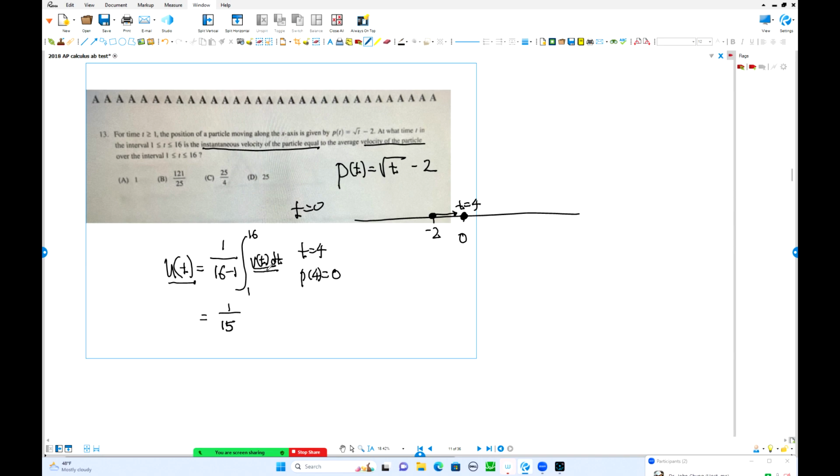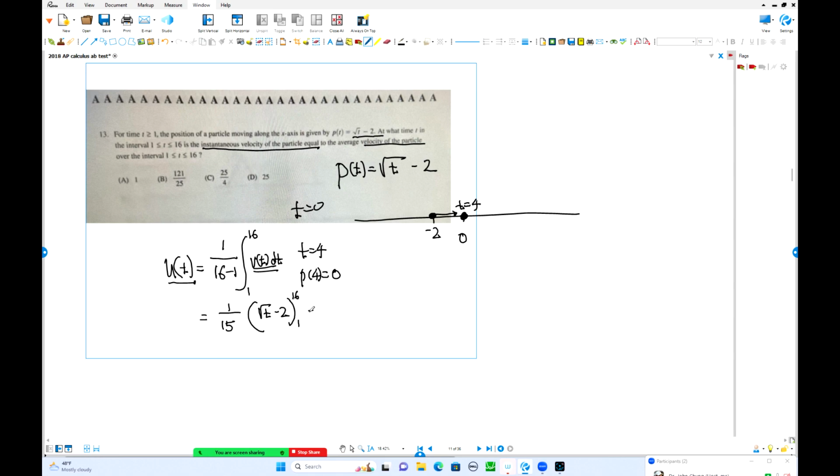The antiderivative of velocity is position, and it's already given, so you don't have to find it. So that is square root t minus 2, integral from 1 to 16.